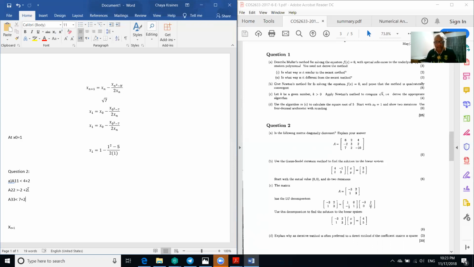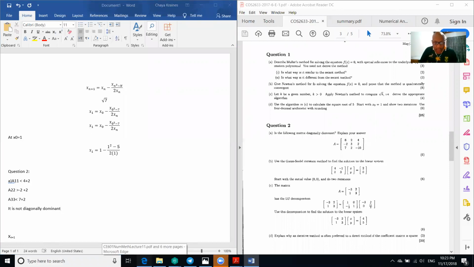So the 8 should be greater so that it's diagonally dominant. So no, it's not, because A22 and A33 are off. Actually, it's diagonally dominant. Wow. Because 8.